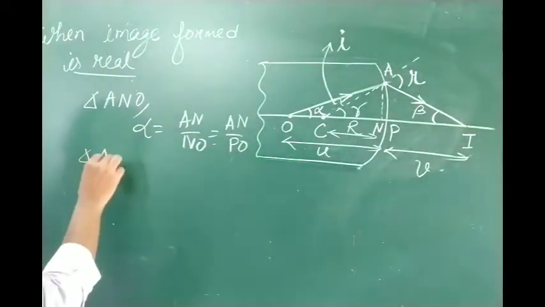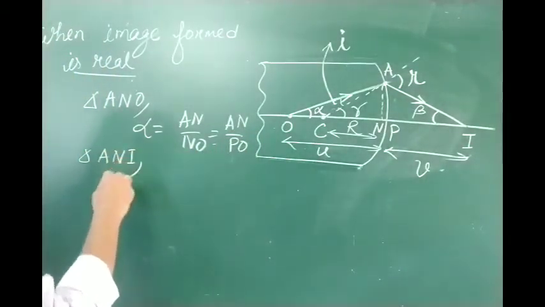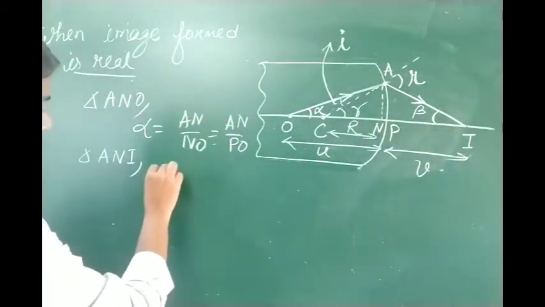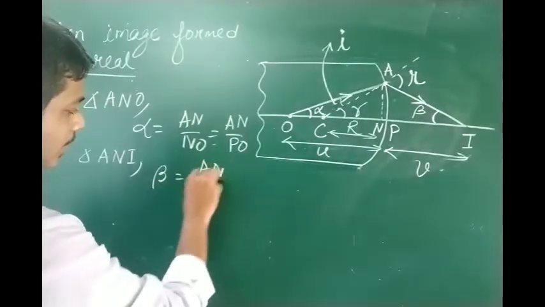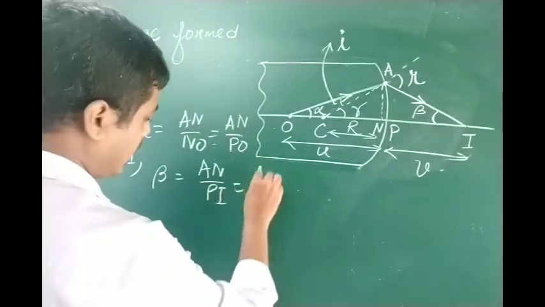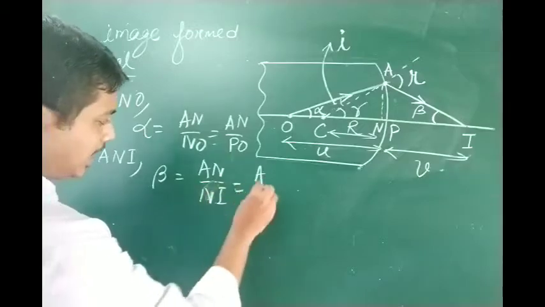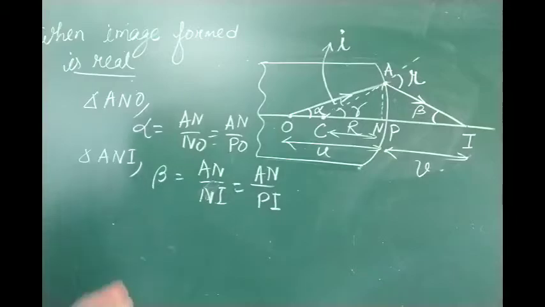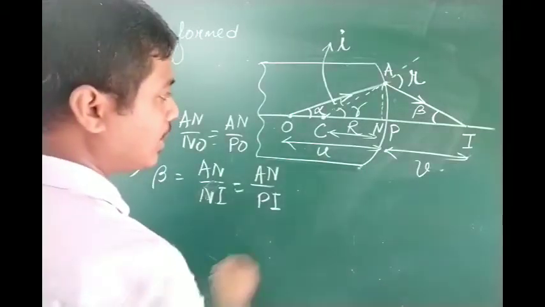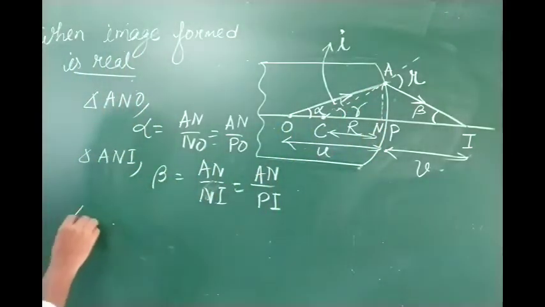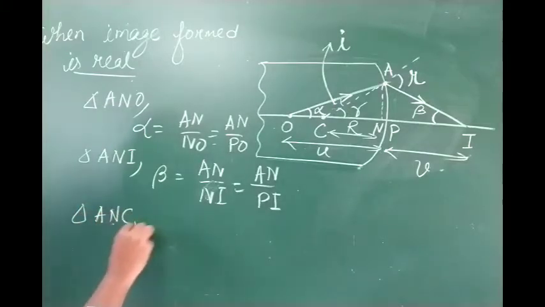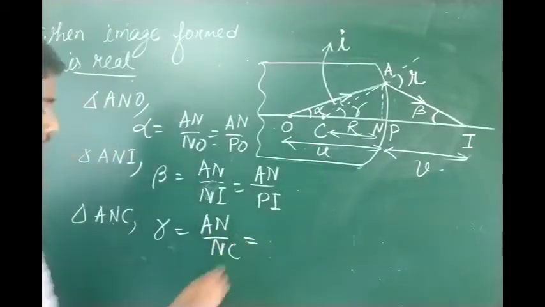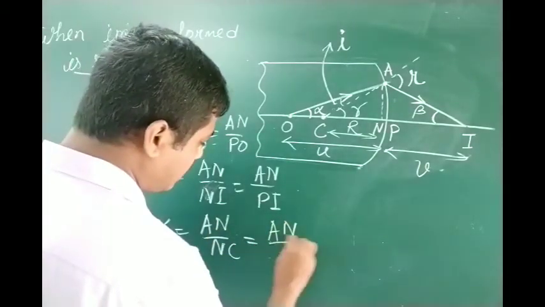Similarly, from triangle ANI, beta equals AN by NI, or AN by PI. Now calculate gamma from triangle ANC: gamma equals AN by NC, so we can write AN by PC.